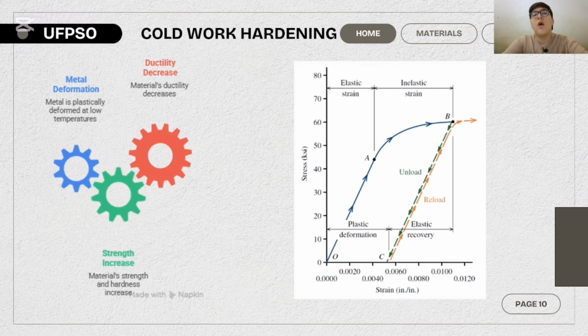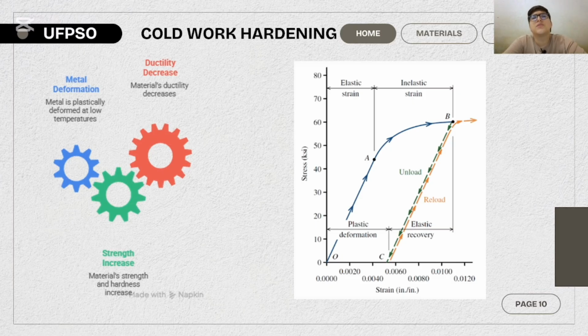Now, let's talk about cold working or work hardening. Cold work hardening is the phenomenon that occurs when a metal is plastically deformed at low temperature.